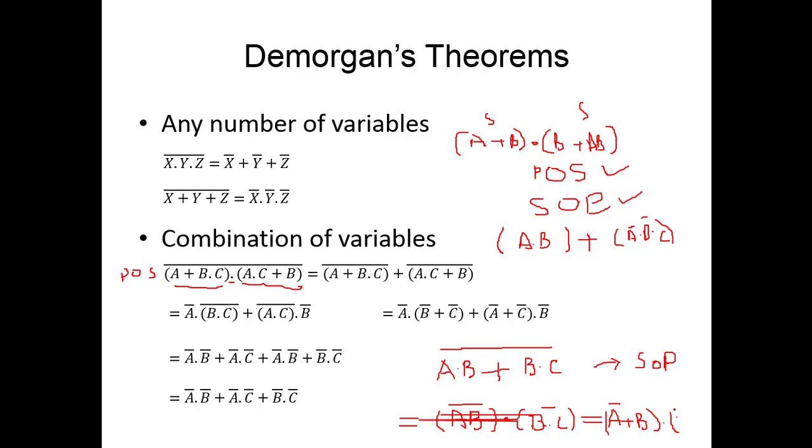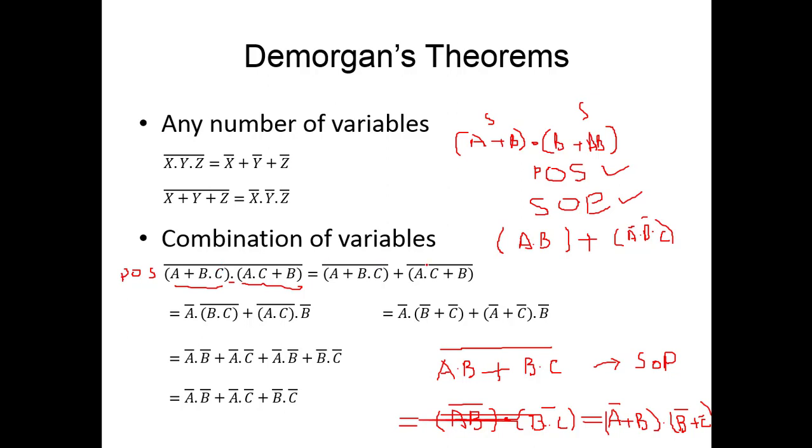Similarly, if we have a situation like a plus b and c, this is one term in the form of sum, and this is another term a and c plus b, and we have a product over here. If we apply complement over this expression, it is solved like this. This complement is first distributed on each term, a plus b and c whole complement.